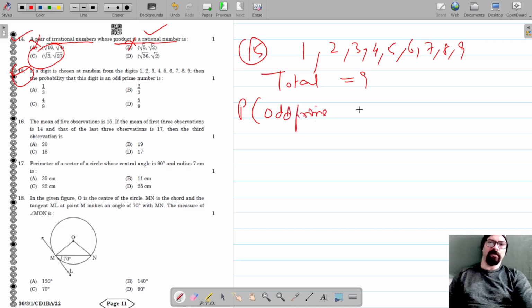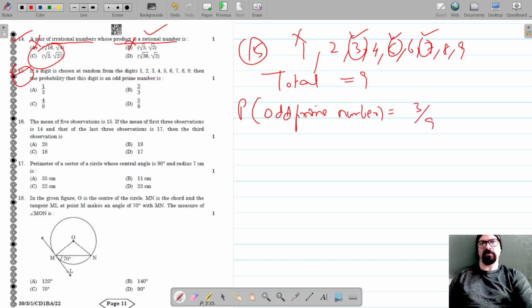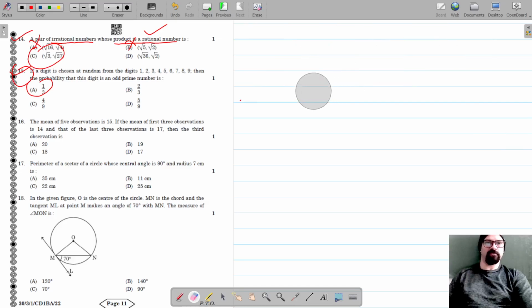Now, 1 is neither prime nor composite. So 1 is not an odd prime, 3 is an odd prime, 5 is an odd prime, and 7 is an odd prime. So these are a total of 3. Outcomes are 9. So this is 1 by 3. So option A is the correct option for question number 15.